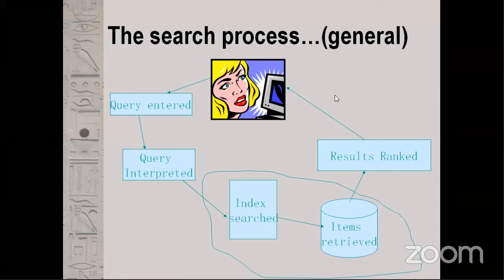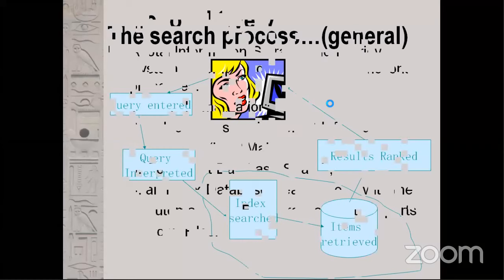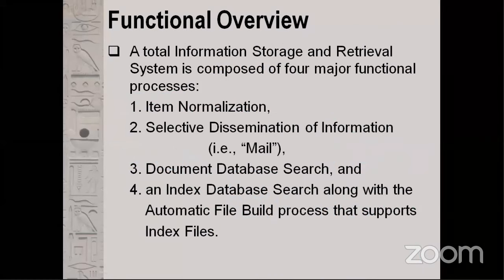So now in today's class, we are discussing the functional overview of your information retrieval system, meaning what are the major functional elements in this information storage and retrieval system. Usually the total information storage and retrieval system is composed of four major functional processes.